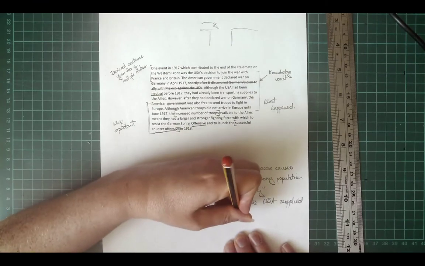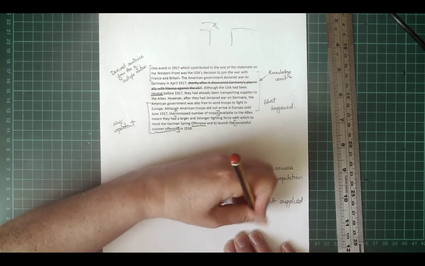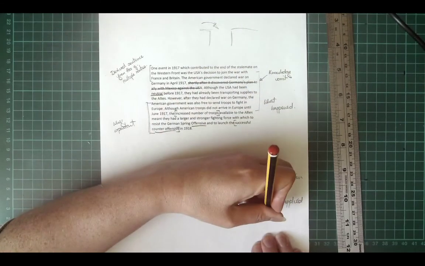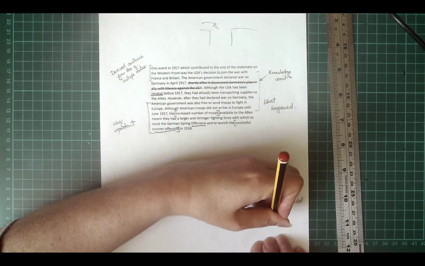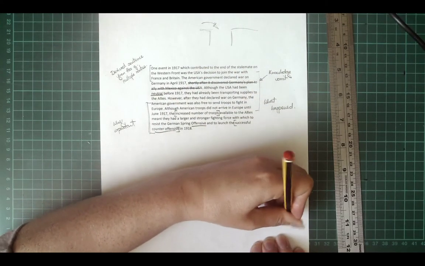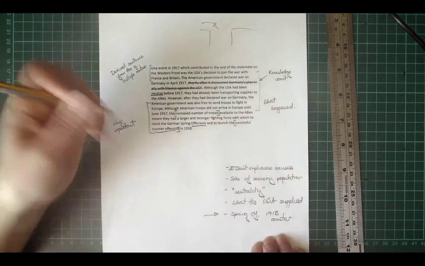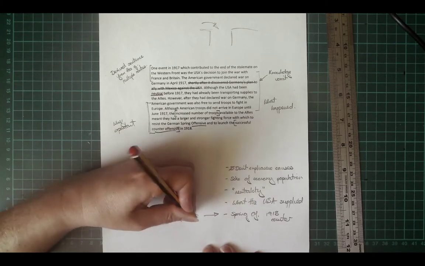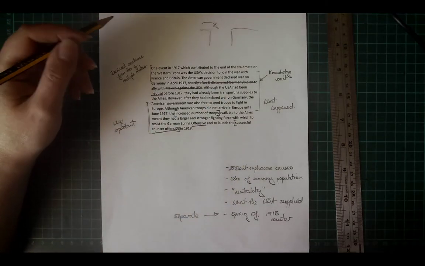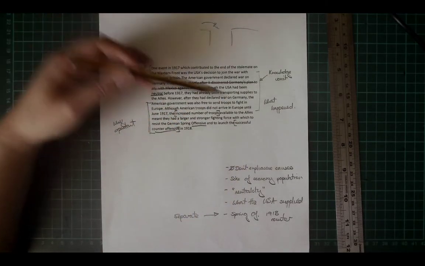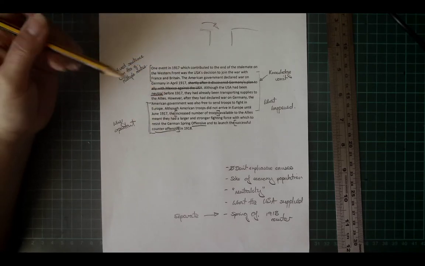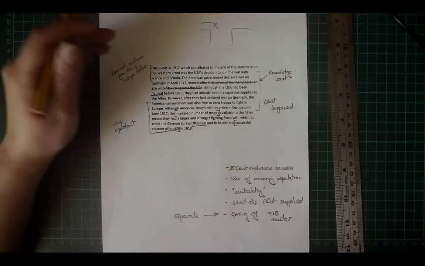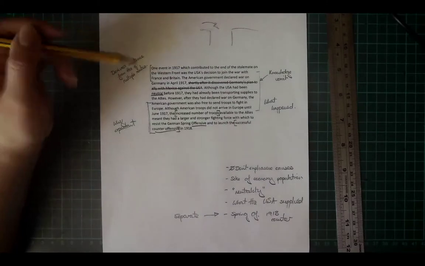So I am going to need to include the spring offensive and also the counter-offensive in 1918. But with those, I'm probably going to want to separate them from the input that focuses on this. Otherwise, I'm going to end up just repeating myself in multiple paragraphs because we've got those 2 stems.